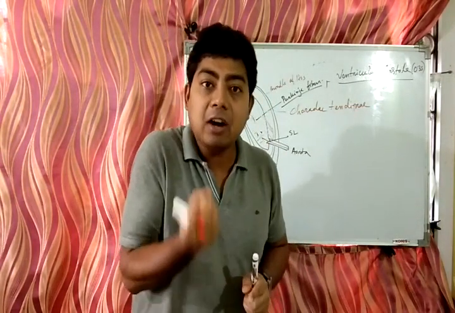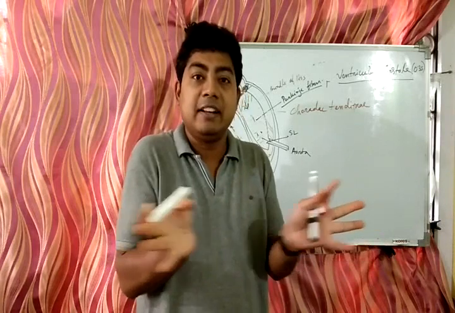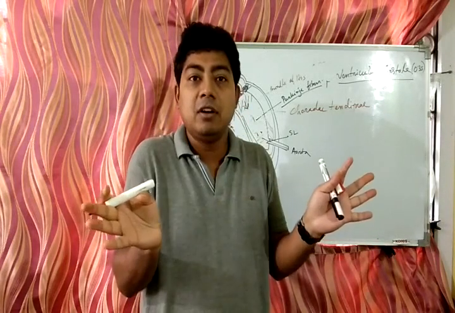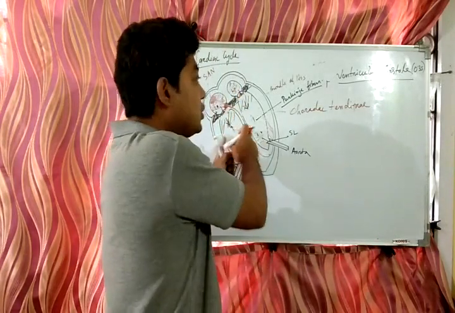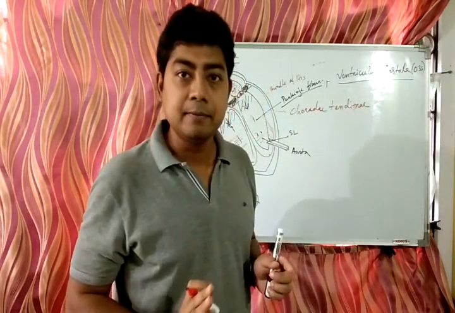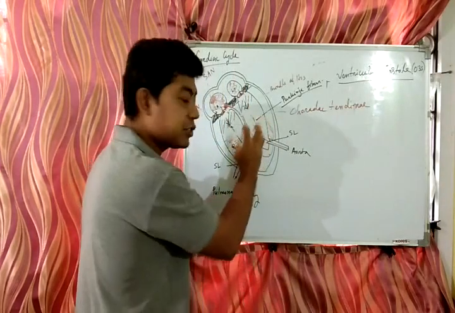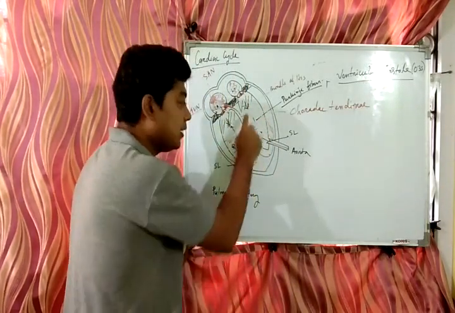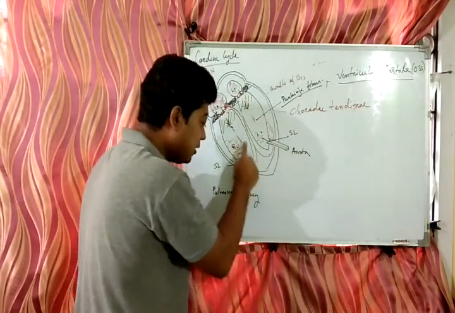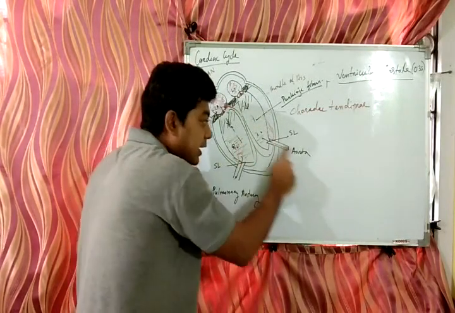They do not allow the valve to open for these 0.3 seconds. Understood? Because the ventricular systole gives contraction. Now the blood is being transported through the pulmonary artery and aorta.